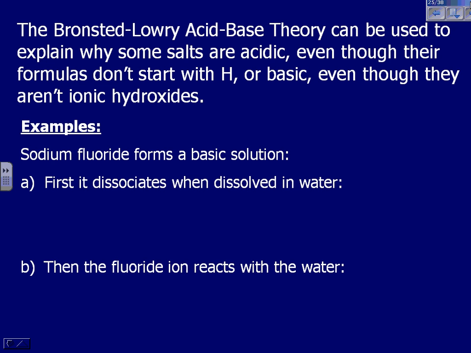So now that we've got this idea of what a conjugate acid-base pair is and how they transfer their protons, we can now look at one of the problems of the Arrhenius theory. We can look at why some of our salts are not neutral.